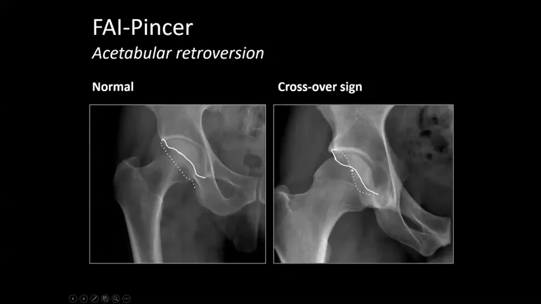So the cranial part of the acetabulum is retroverted, and because of that retroversion, you get the crossover sign. It crosses here, and then it goes back medial. So that is the crossover sign, the figure of 8.